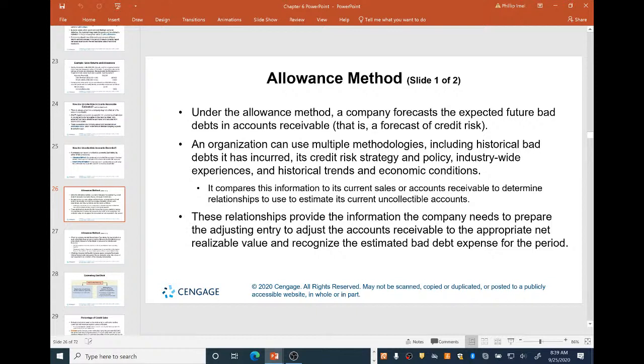So there's some leeway here, and just using some professional judgment in terms of the account. It compares this information to its current sales or accounts receivable to determine the relationships to use to estimate its current uncollectible accounts.